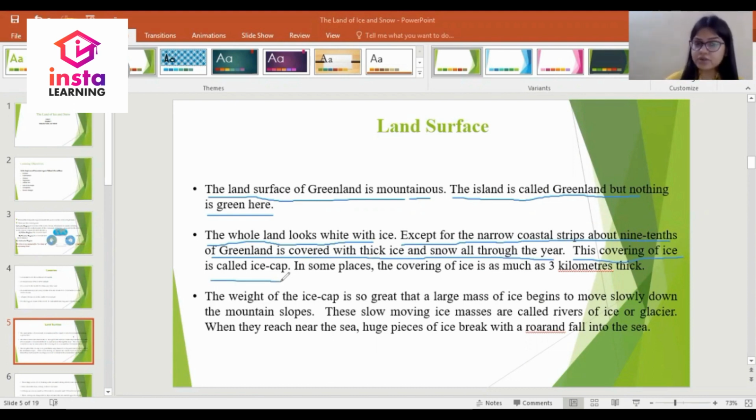In some places, the covering of ice is as much as 3 kilometers thick.